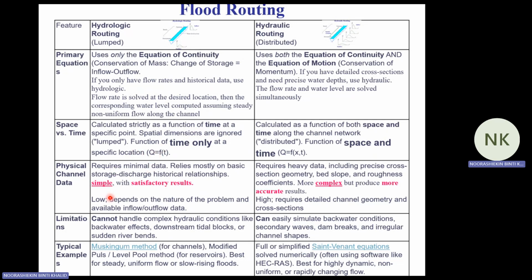So this is a simple method. The methods used in hydrologic routing are Muskingum, modified pool and level pool. For channels we use Muskingum, and for reservoirs we use the modified pool and also Goodrich method.